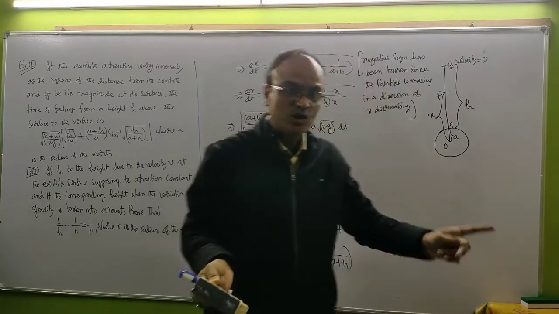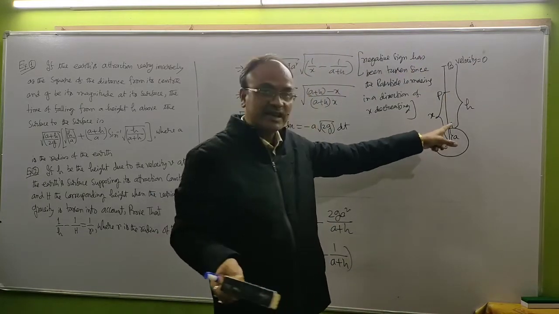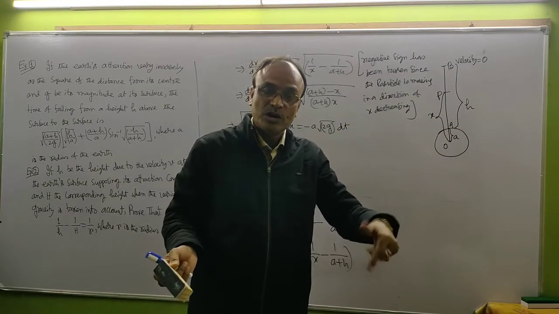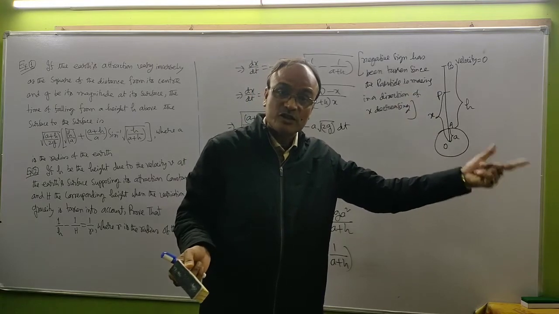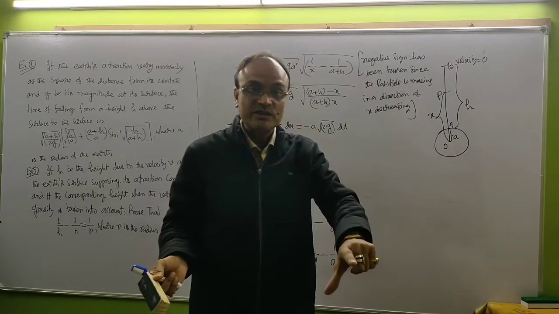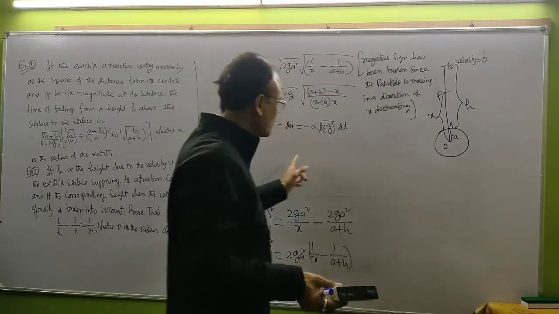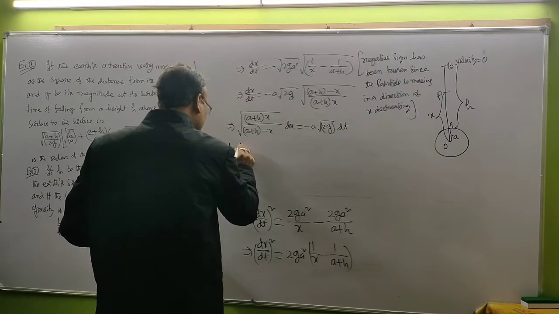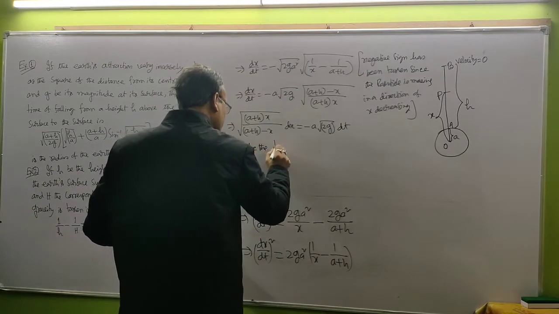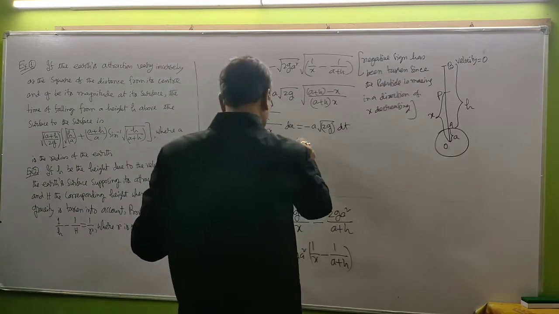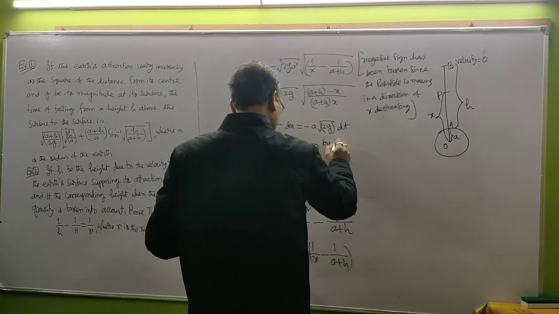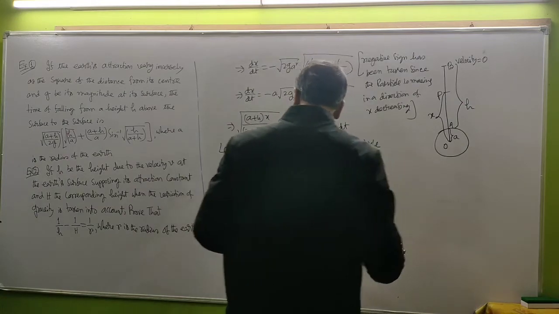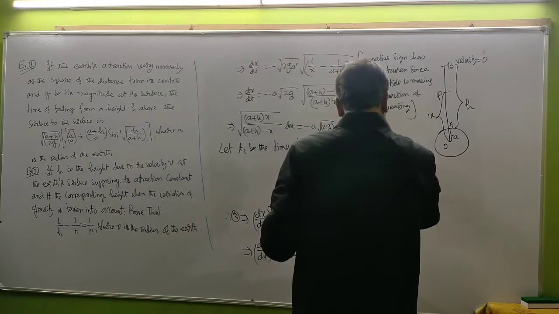Time taken by the particle from B to the point A. That means the time taken from when x is equal to a plus h to when x is equal to a. Let t1 be the time taken by the particle from B to A.